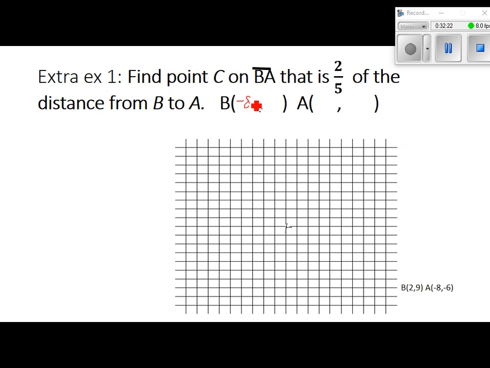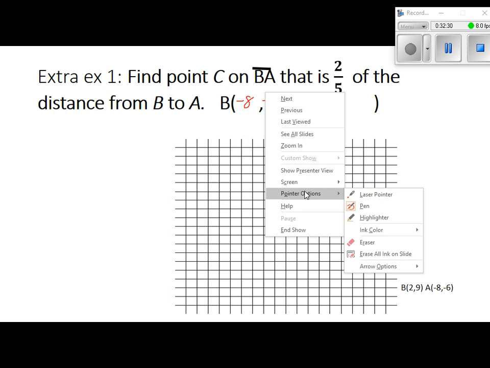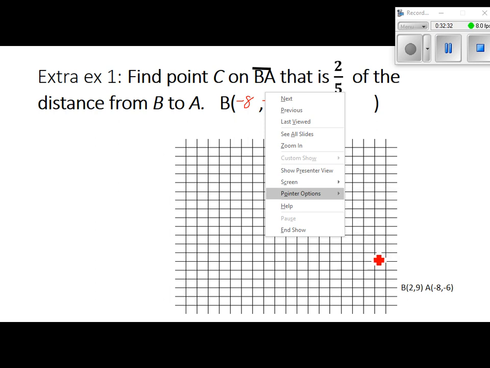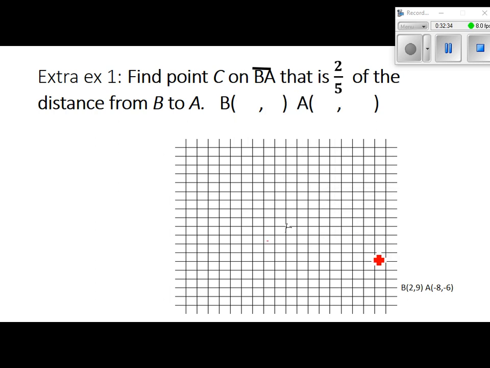So -8, -6. No, that's wrong. Other way around. My fault. Erase. So that's 2, 9, -8, -6. 2, 9, and -8. -8, we need a little bit of space this way, 9, and we need a little bit of space up.